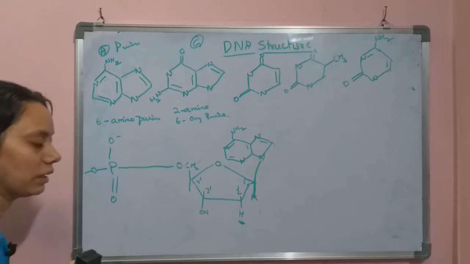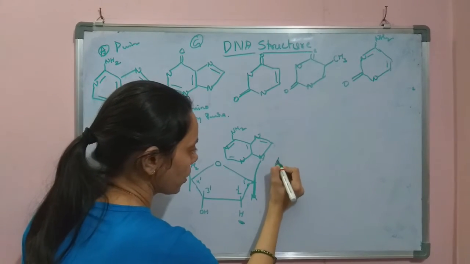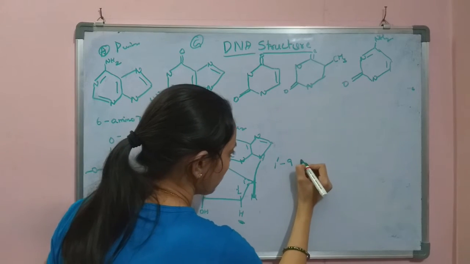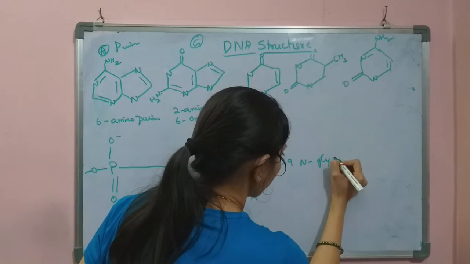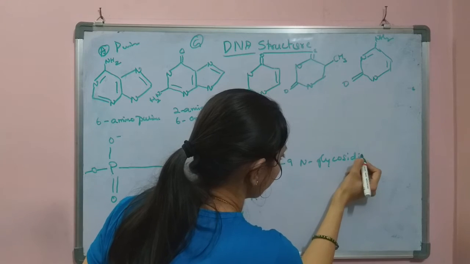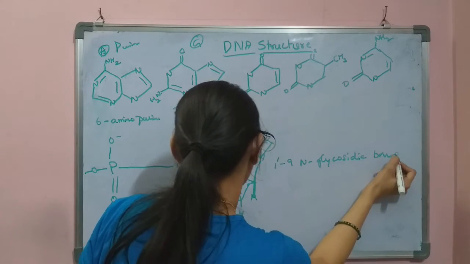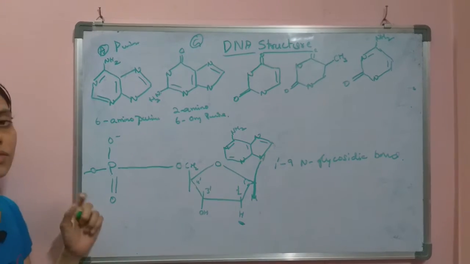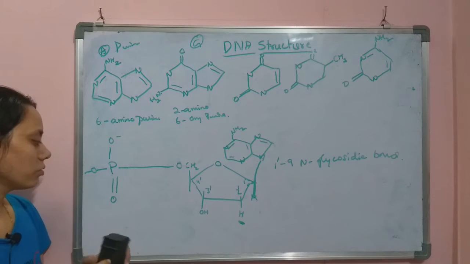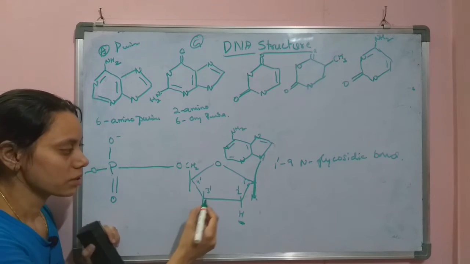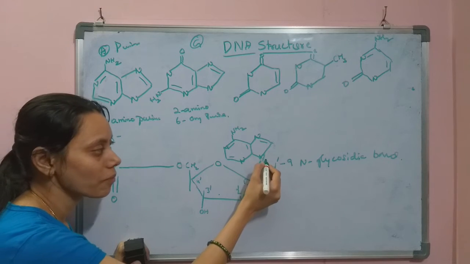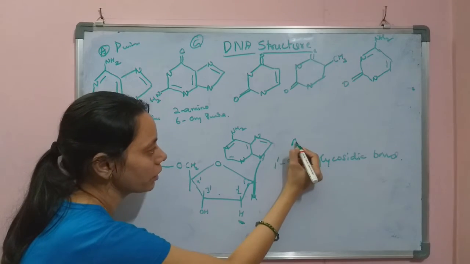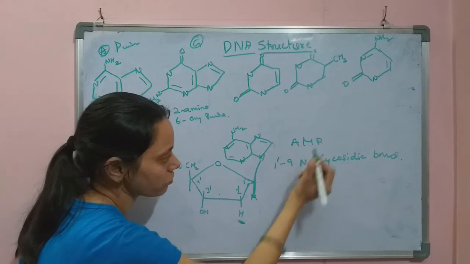This is basically the 1', 9 glycosidic bond. This is the structure of the nucleotide. Here this is the sugar moiety and this is the adenine. So it is adenosine monophosphate.